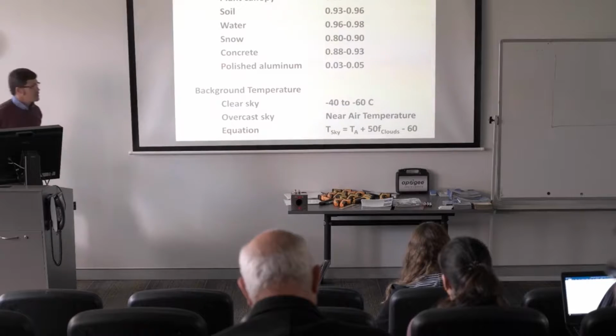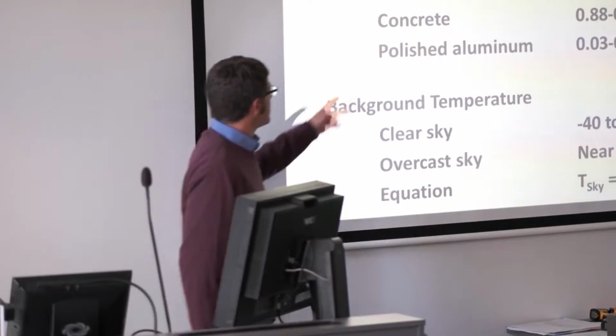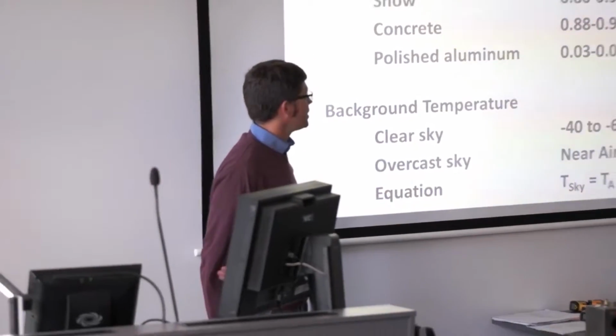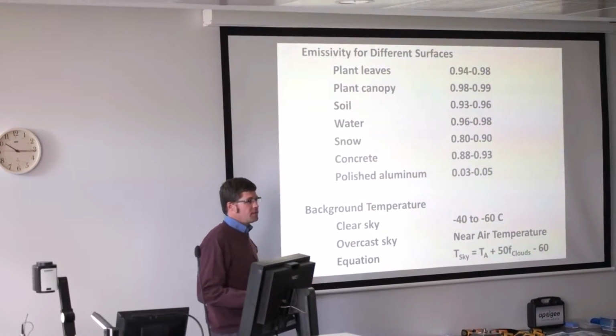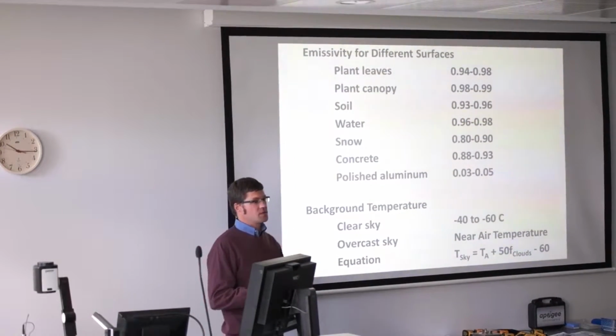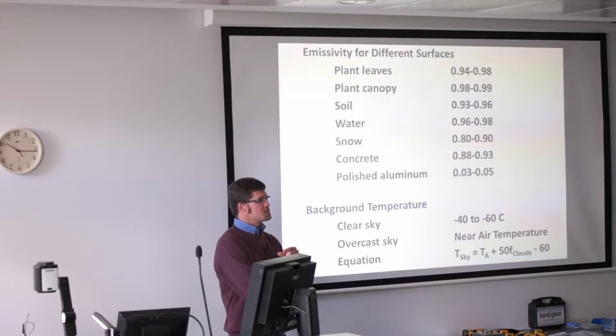All right, so this table just shows a handful of emissivity values for environmental surfaces and some man-made surfaces, concrete and polished aluminum. So fortunately, most of the surfaces that we're interested in measuring, things like plant leaves and plant canopies, soil, water, they're close to black bodies.